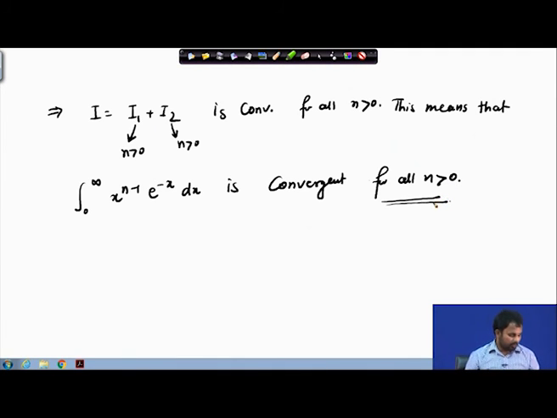And this is a very vital result in integral calculus, and of course, it is also our next topic in the agenda.